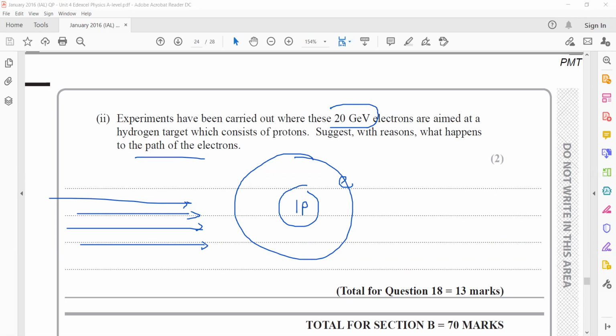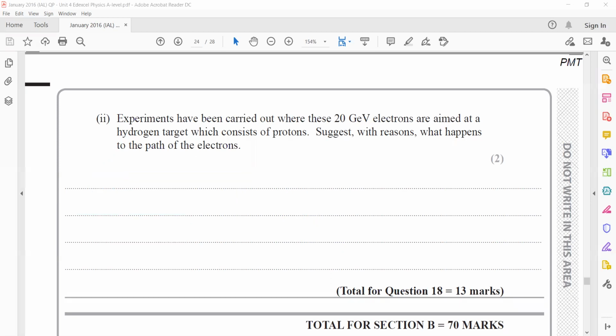Diffraction means bending of the wave. As we know, wave particle duality: with this energy, 60 giga electron volt, there is an associated wavelength as we worked out. And when we find the wavelength, that wavelength is approximately the same order as the nucleus. The size of the nucleus is 10 to the power minus 15, 1 femtometer, and this wavelength, when we work it out, will be in the same order. So we will not observe the electron as a particle; we will observe the electron as a wave. I'm drawing the wave front. So when it is passing through a sample, we will observe a diffraction.